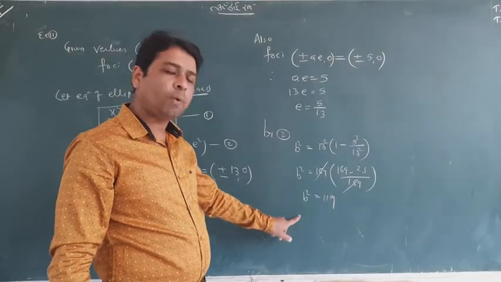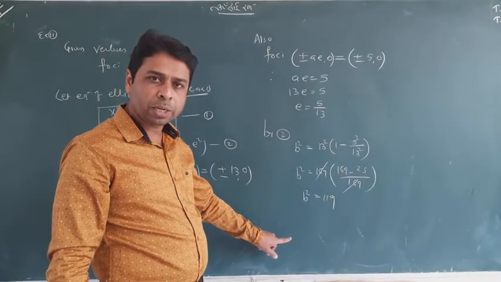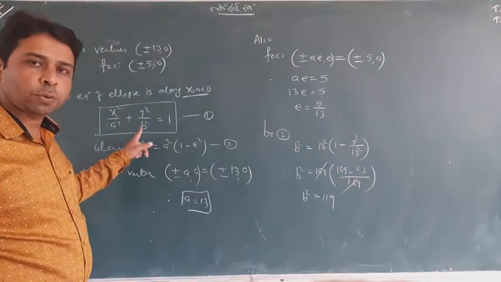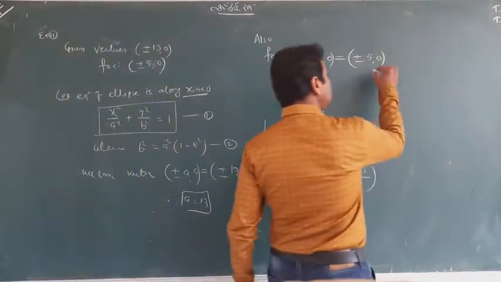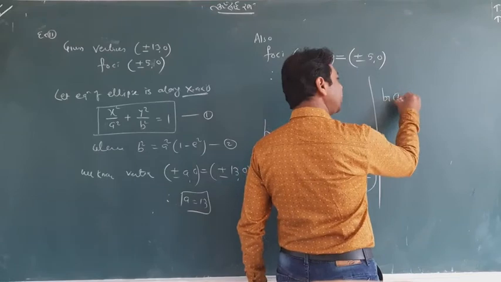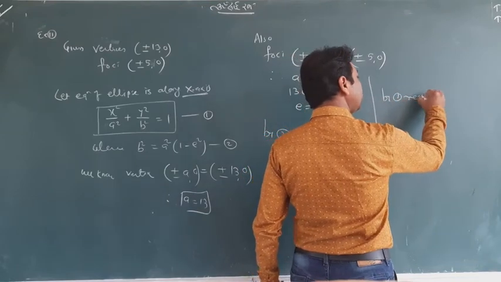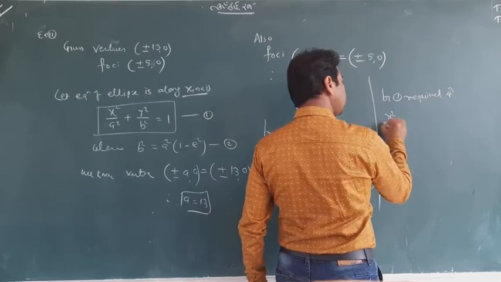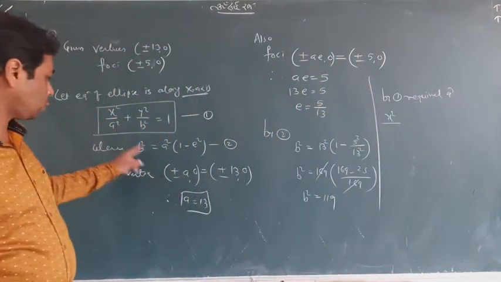I don't want to find the value of b alone because I need ultimately b square. I have to put it here in the first equation, and you already got it. So okay, the formality is remaining. By 1 I will write only the required equation, which is x square upon a square, and a square is equal to 13 square.